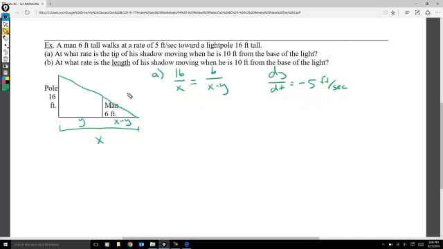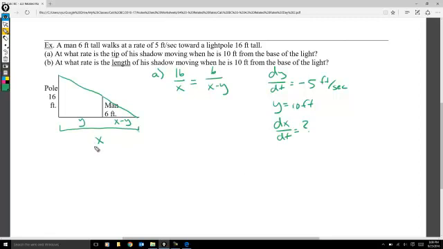And the question is asking me at what rate is the tip of his shadow moving when he is 10 feet from the base of the light? So he's 10 feet from the base of the light. That means that this distance right here, my y distance, is 10 feet. And I want to know how his shadow is moving. The distance between the pole and his shadow is x. So I'm trying to figure out what dx/dt is.